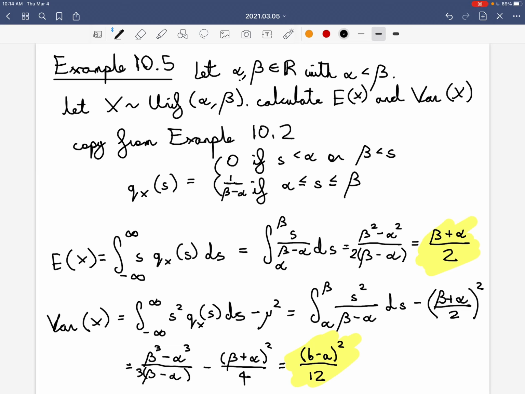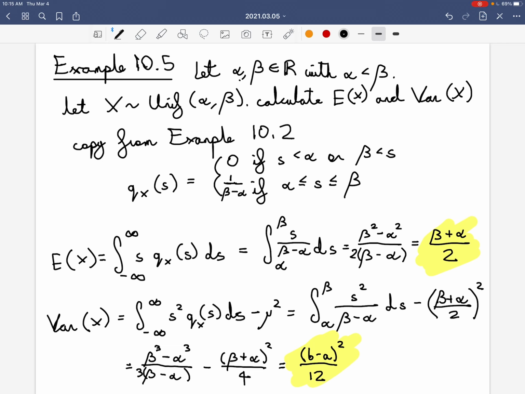So we can apply the continuous expectation formula. We need to integrate from minus infinity to infinity s q of x s ds. So what happens? Well, this density is 0 outside the interval from alpha to beta, so we can just completely drop everything from the integral except alpha to beta.